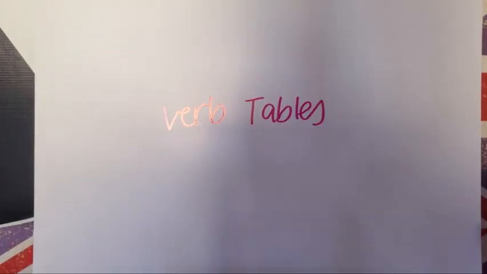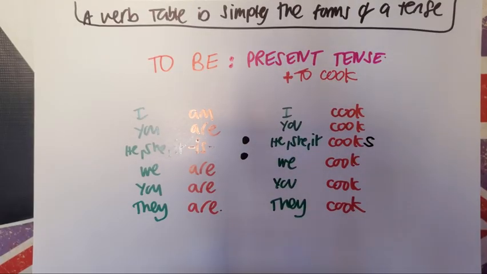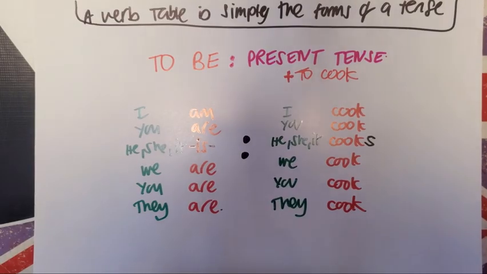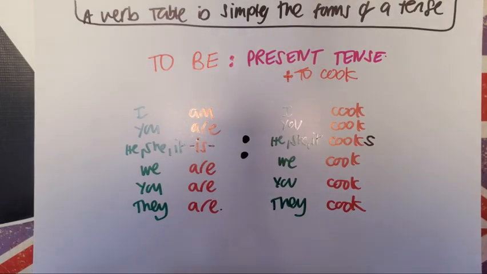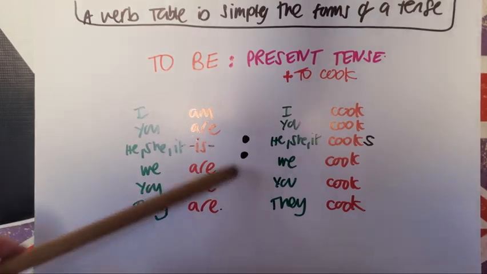Okay, so verb tables. I'll explain to you why it is important to understand what I'm talking about with verb tables. A verb table is simply all the different variations.